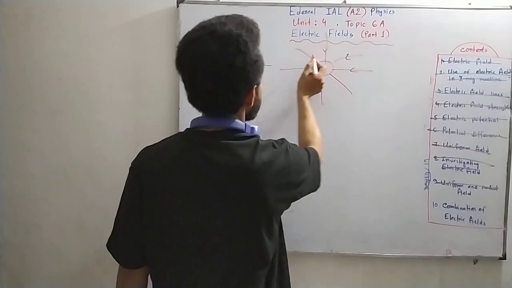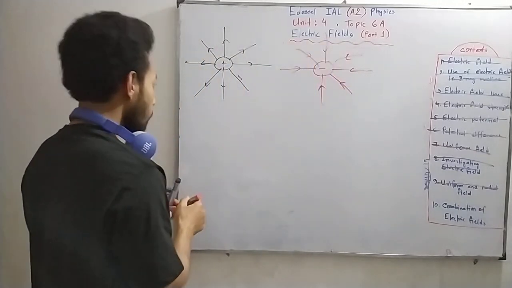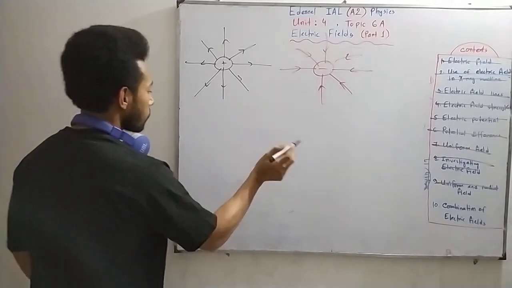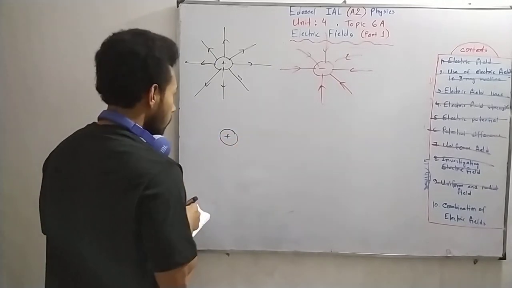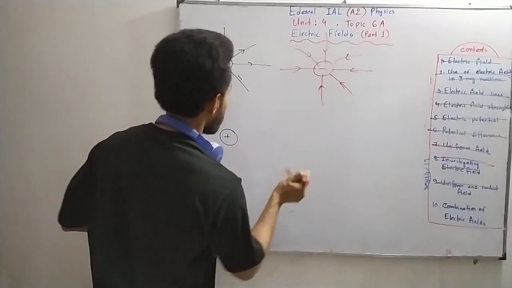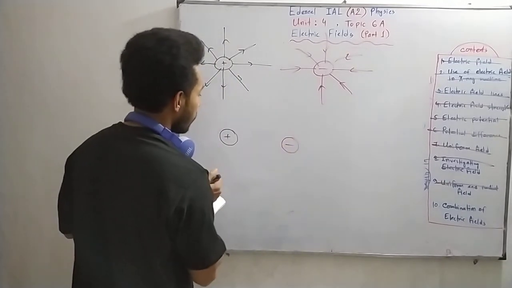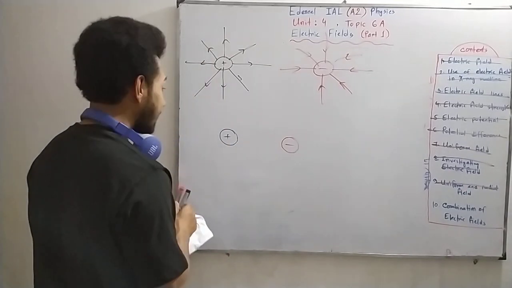Okay, in this case the field lines will direct inverse, and when we combine two fields, suppose this is a positive one and this is a negative one. Then the field will be the resultant field.